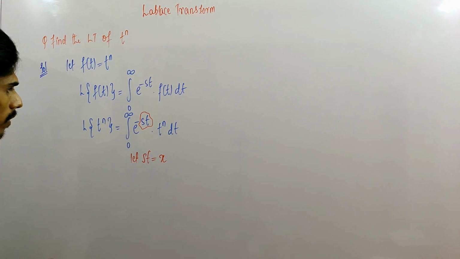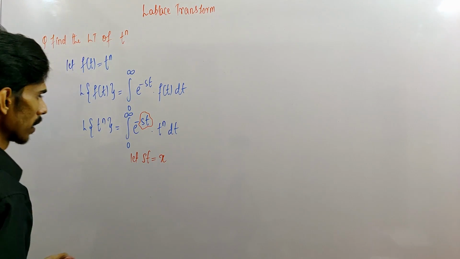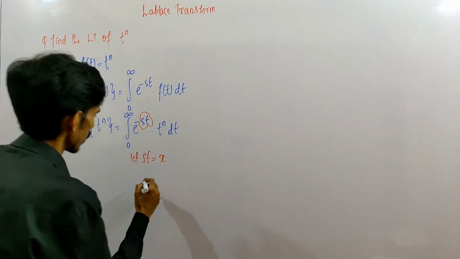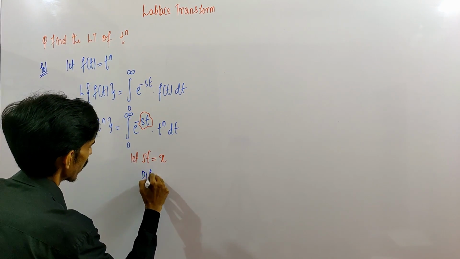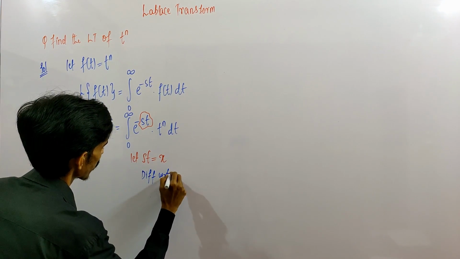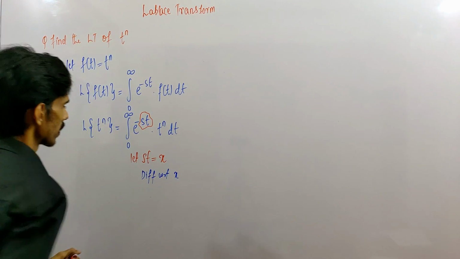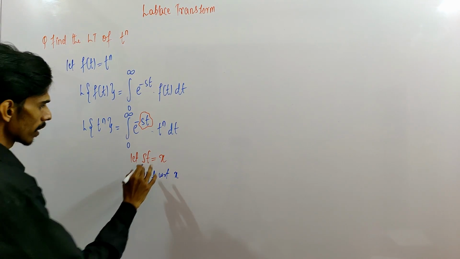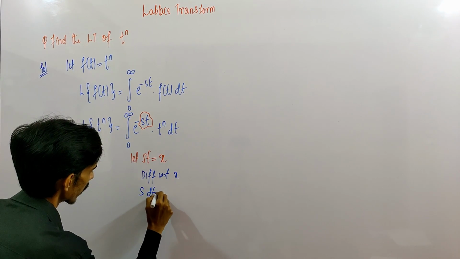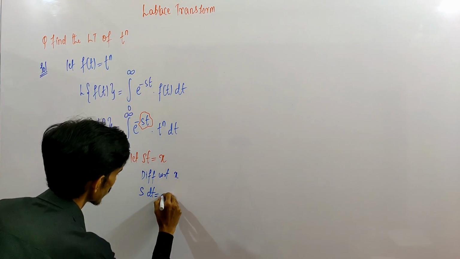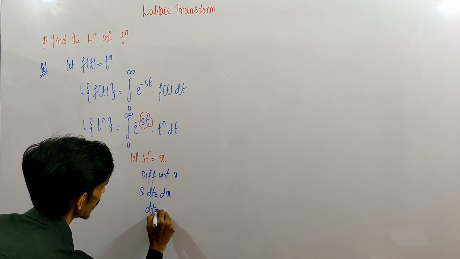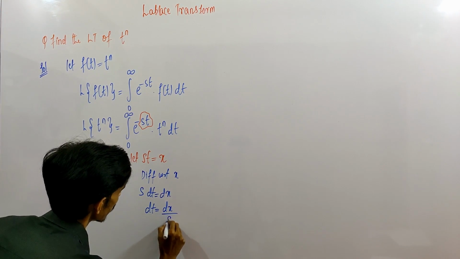Now here we have dt, so differentiate this with respect to x. s is a constant, derivative of t is dt, derivative of x is dx. So we have dt is equal to dx by s.